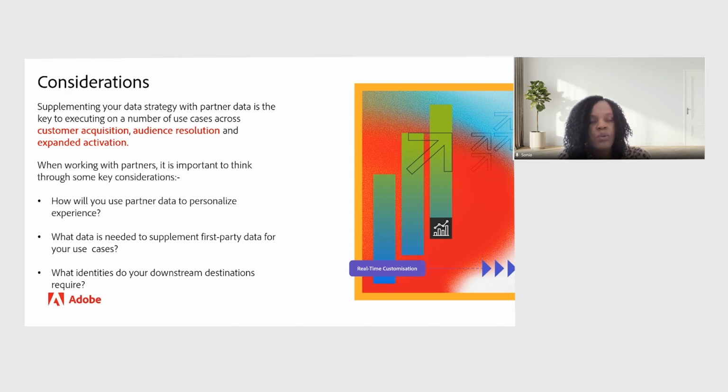As an example, there are social media platforms that don't accept all types of partner identifiers. So then you need to consider, well, I need to be activating based off some other type of identifier, like an email or a phone number. So just some key things to think about as you move forward with your strategy. But I hope that's given you some food for thought.